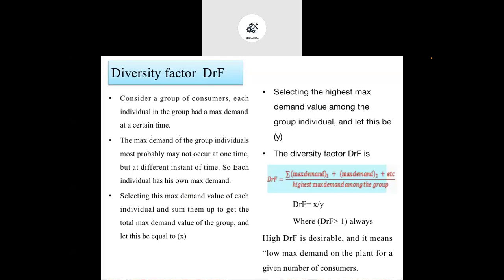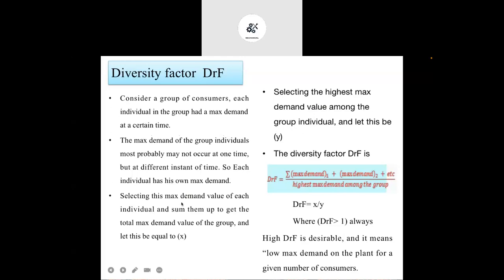So we can define the diversity factor as the ratio of the summation of the maximum demands of each and every individual divided by the highest maximum demand among that group.